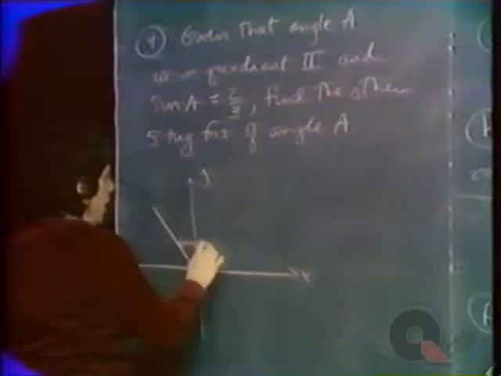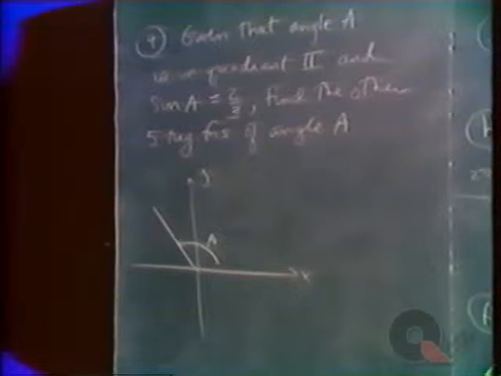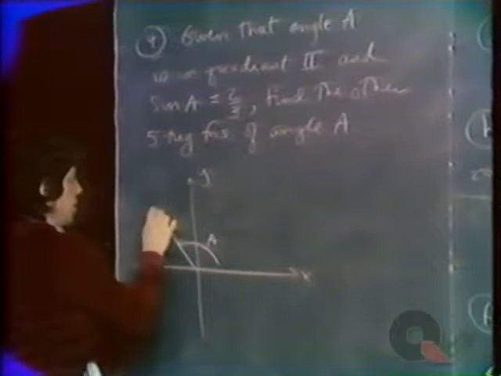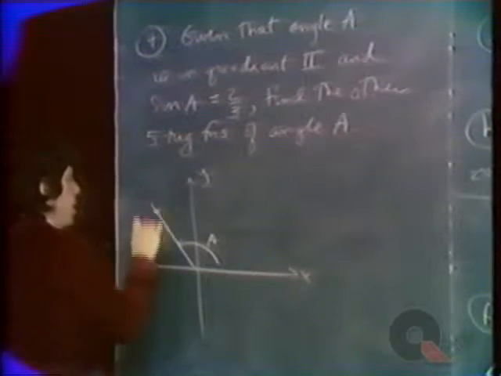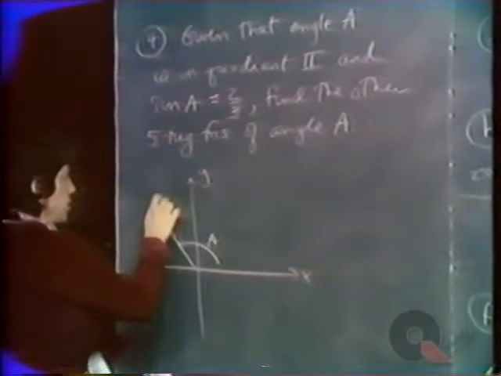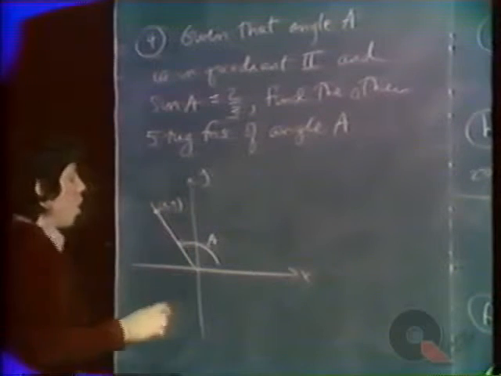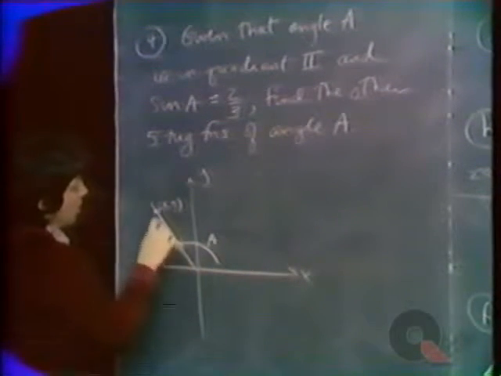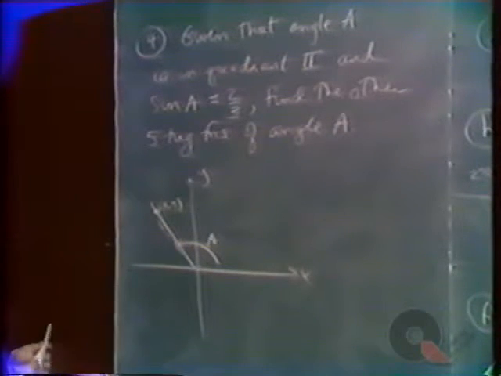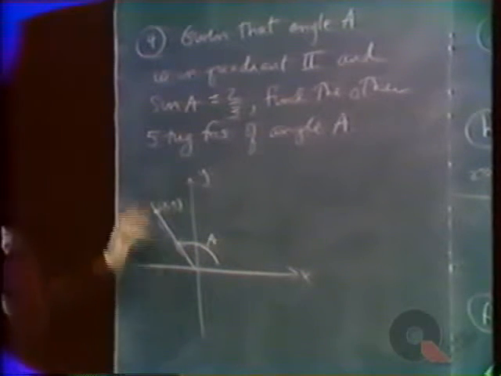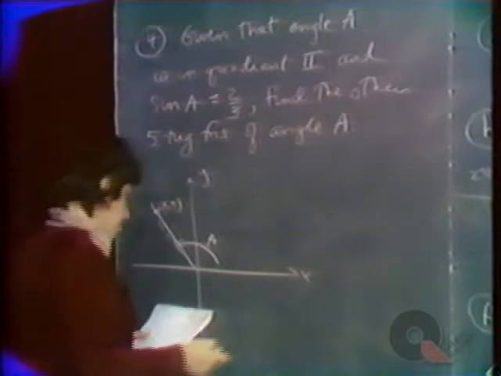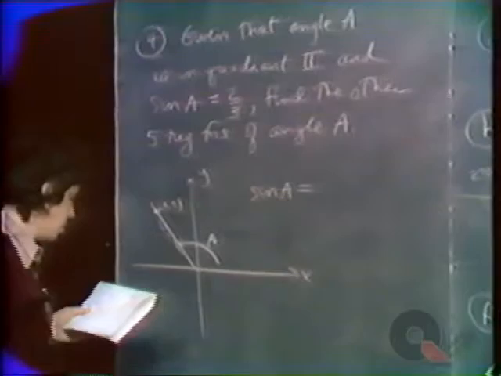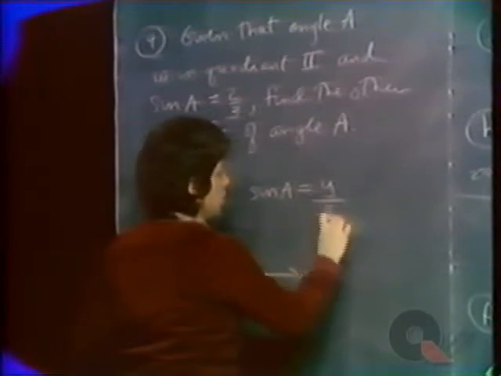This is angle A. Let's pick a point on the terminal side of angle A, and we can denote that x comma y. r represents the distance of this point from the origin. Then the trig functions of angle A can all be defined in terms of x, y, and r. In particular, the sine of angle A is defined to be y over r.